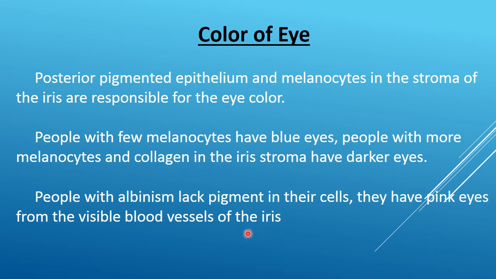They have pink eyes because the blood vessels of the iris are visible through those areas. Because of this, their eyes become very light pink in color, as they lack melanocyte pigments in their cells.